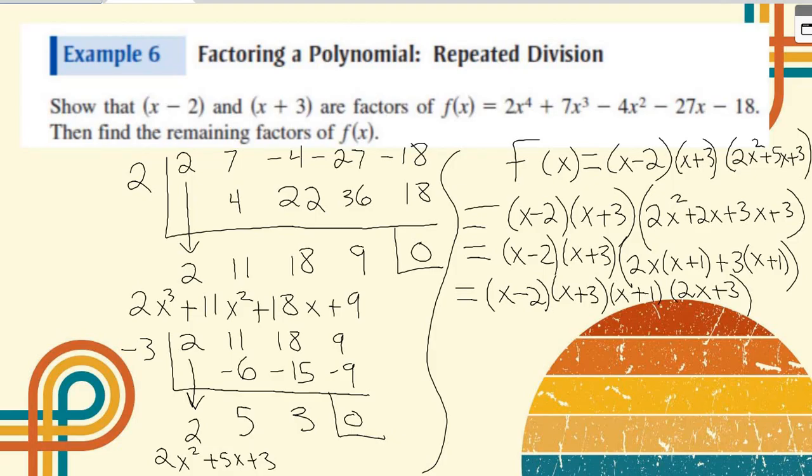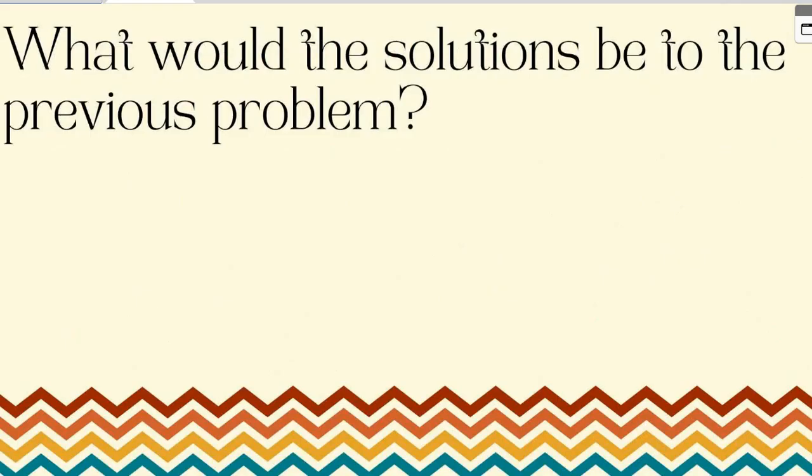So then if I asked you to solve this, what would we do with each of our factors? Set equal to 0. So if I set x minus 2 equal to 0, what do we get? 2. If I set x plus 3 equal to 0, what do we get? Negative 3.